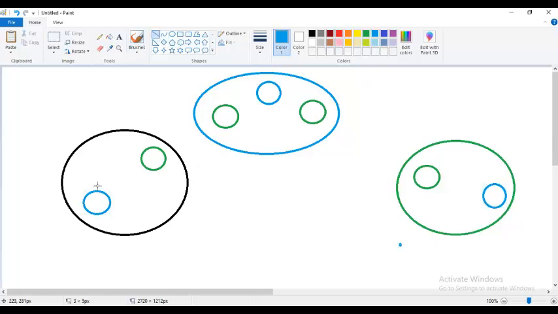Now let's do the connections. Right? This is how we are going to connect. You see, if I don't have this link, what will happen, you know?